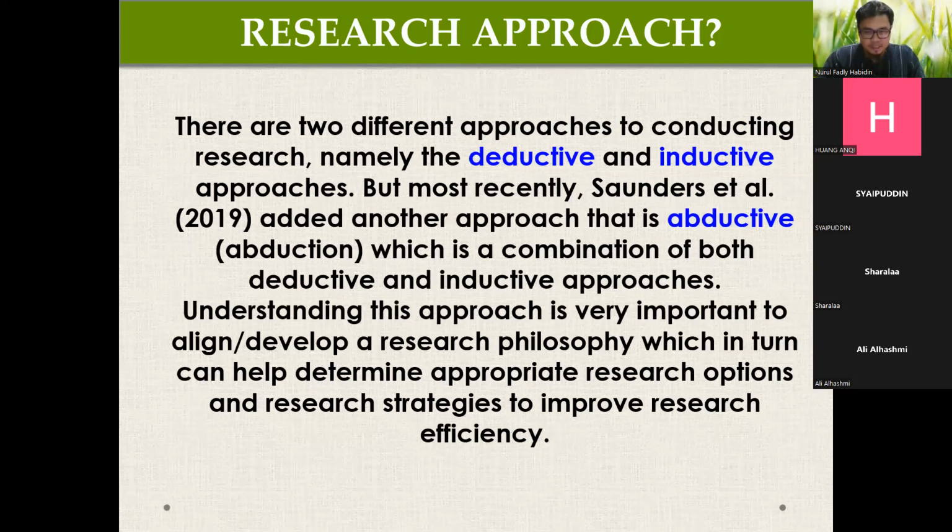So what's the difference? For quantitative research, we use the deductive approach. For quantitative research, mostly we need to identify a theory, a research theory. You need to have a theoretical theory.